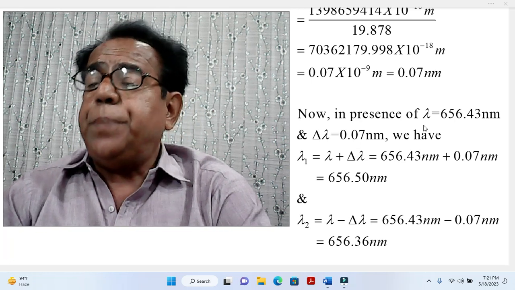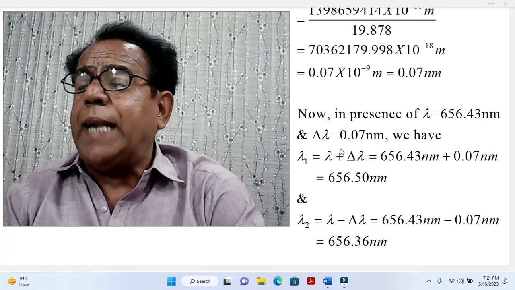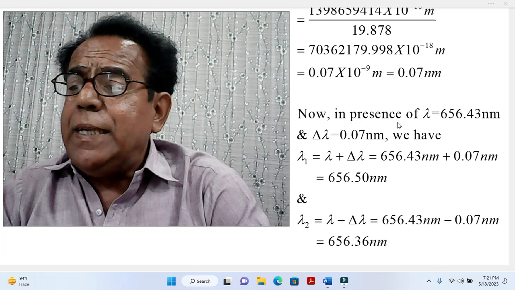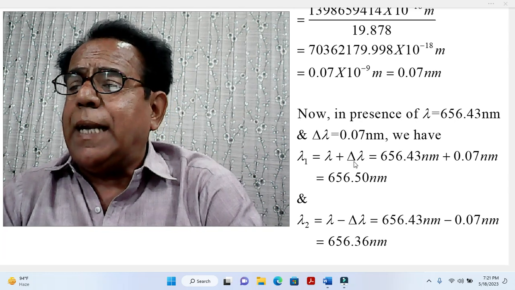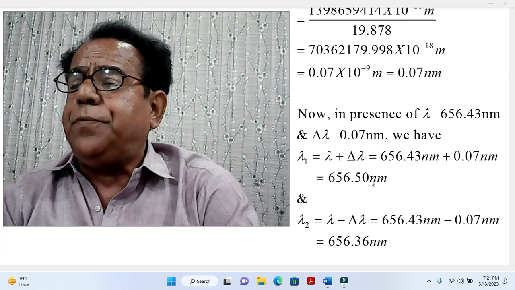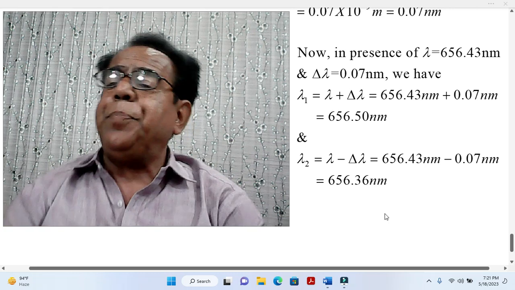Now in presence of lambda equal to this nanometer and delta lambda equal to this nanometer, we have lambda 1 equal to lambda plus delta lambda, and this becomes equal to 656.50 nanometer, and in the second place we will subtract delta lambda.